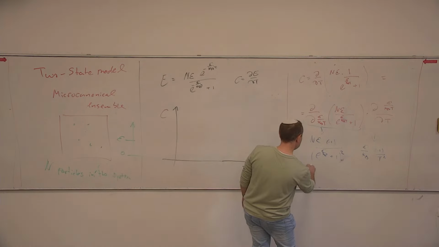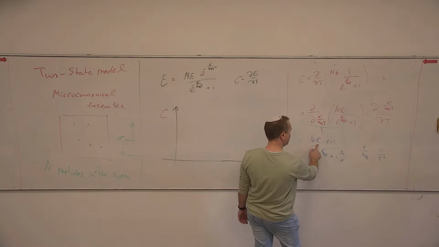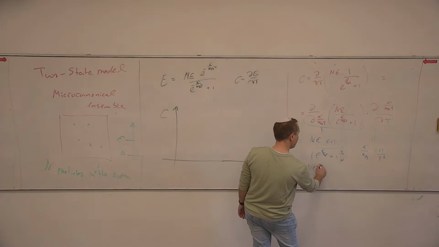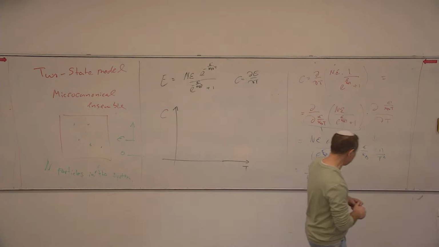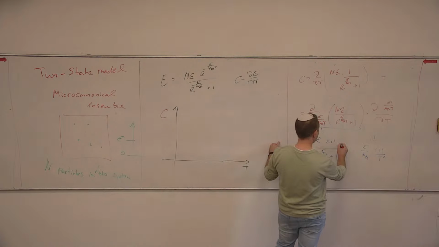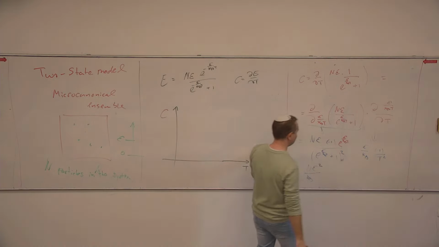What else do we have? Epsilon divided by k Boltzmann t, epsilon divided by t. So we have n epsilon to the second power divided by k Boltzmann. Have I forgotten something? Yeah, the exponent, right? So we have an exponent of epsilon divided by k Boltzmann t.